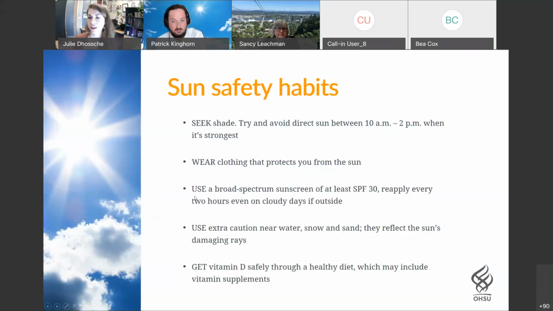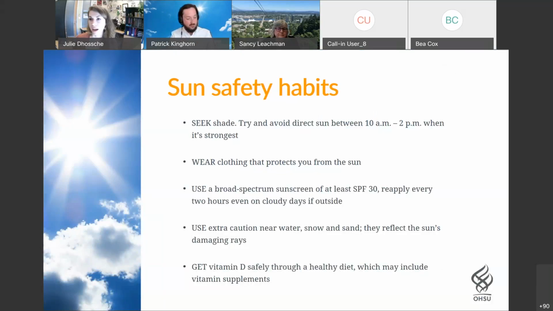So kind of starting, just in general, sun safety habits. Seeking shade, really trying to avoid direct sun between 10 and 12 when those UV rays are the strongest and are coming through the most. Wearing clothing that protects you from the sun is really an excellent way for you to protect yourself.